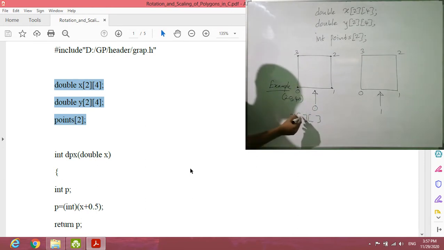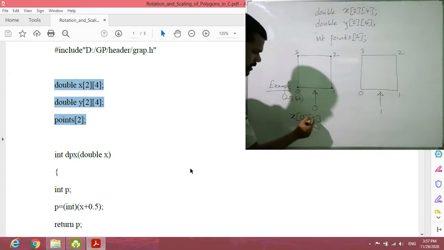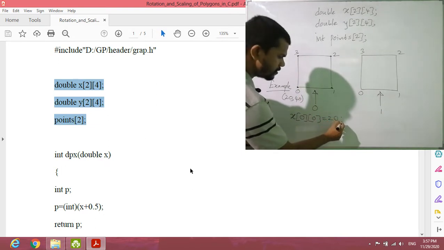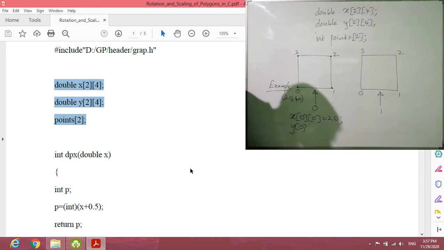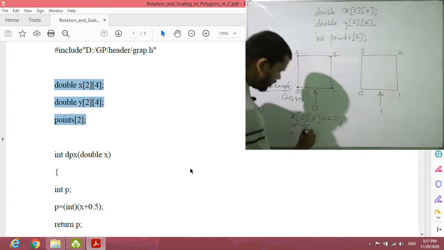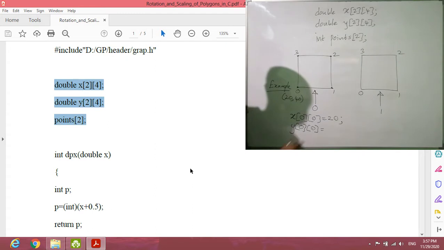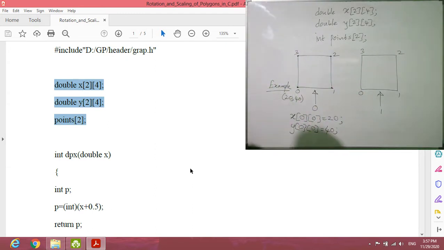This is our zeroth square. Its zeroth vertex x coordinate is 20, and now y, for the zeroth square, zeroth vertex, it is 40.